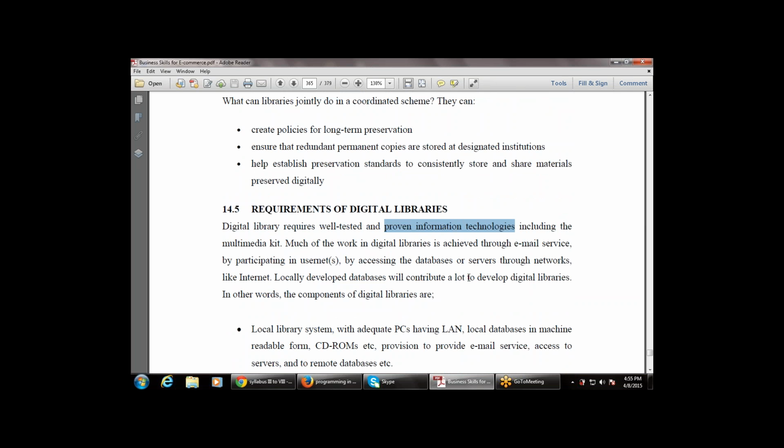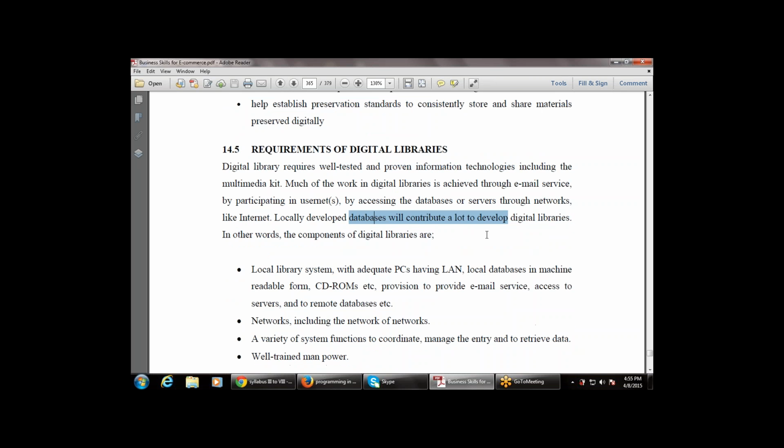Much of the work in digital libraries is achieved through email service, the usage of Usenet. Email is one of the major requirements in the digital library.